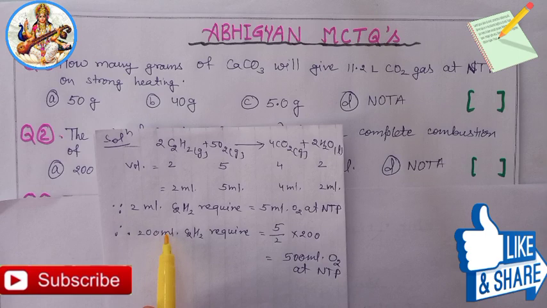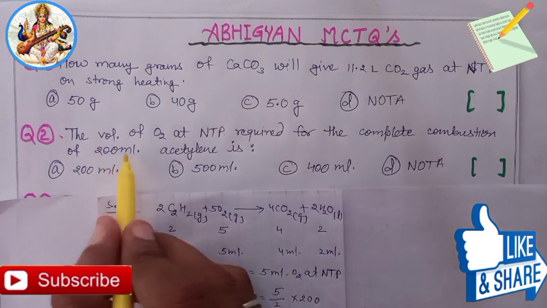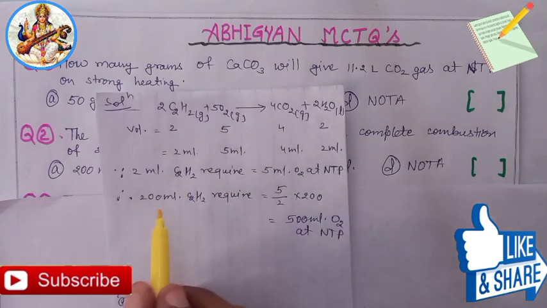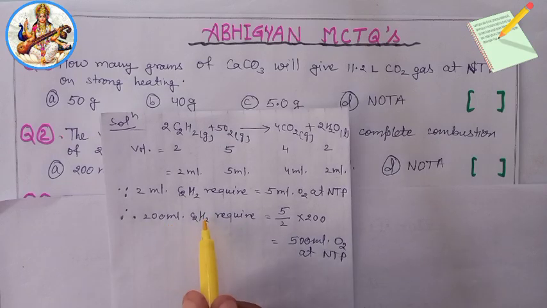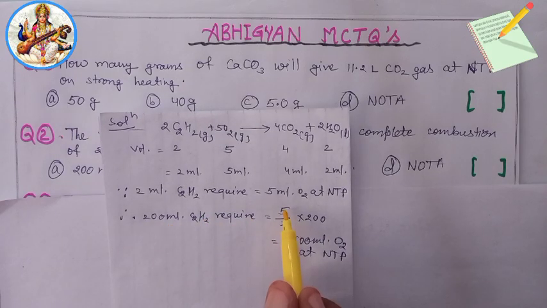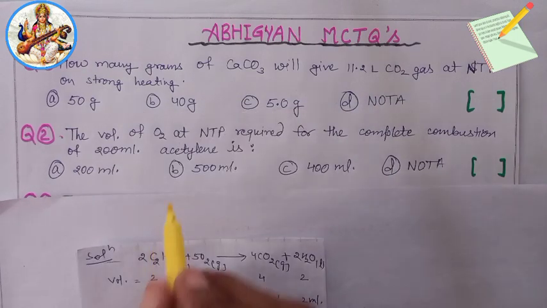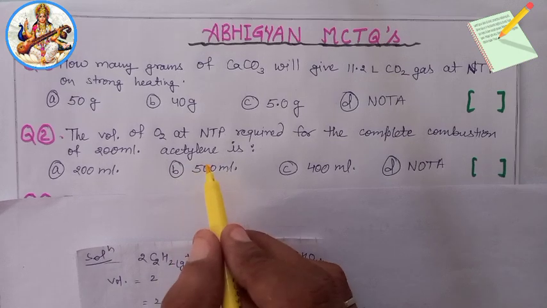Therefore, 200 ml of acetylene, the given value in the question, requires 5 into 200 upon 2. The resultant value is 500 ml of O2 at NTP. So the answer will be option B.